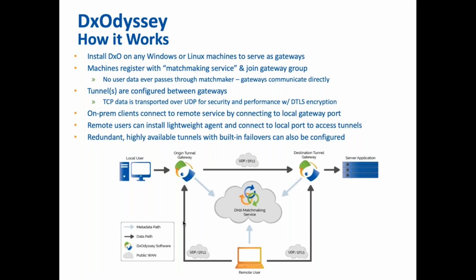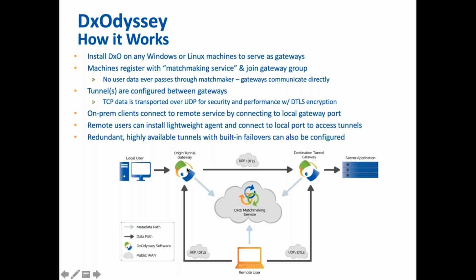Administrators can spin up multiple gateways at any of these locations and then create highly available tunnels between those gateways. The end result is that connections are never interrupted if a gateway were to go down, because that connection would simply fail over seamlessly from one gateway to another within a gateway group.